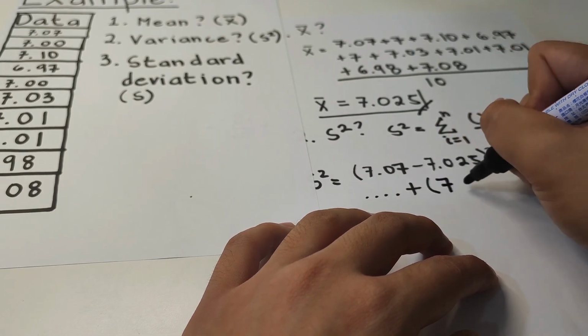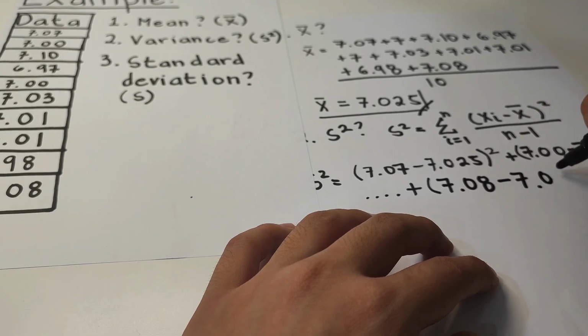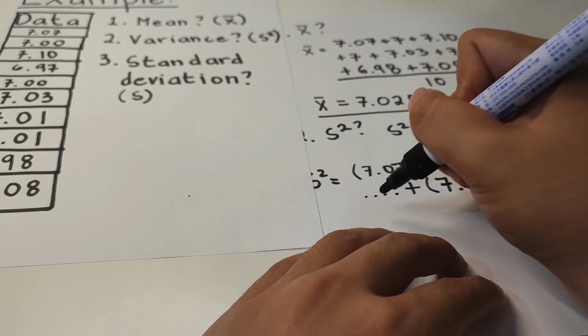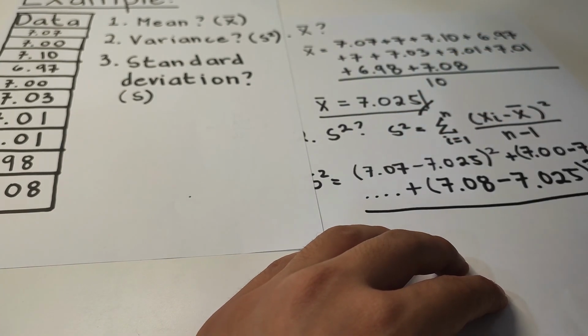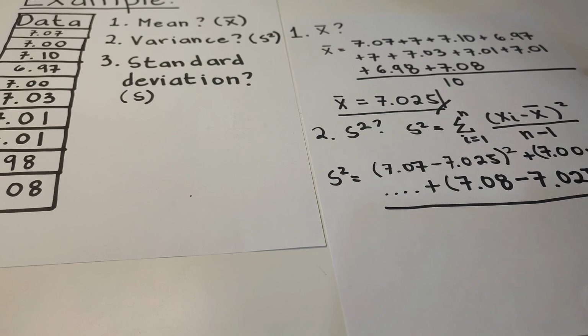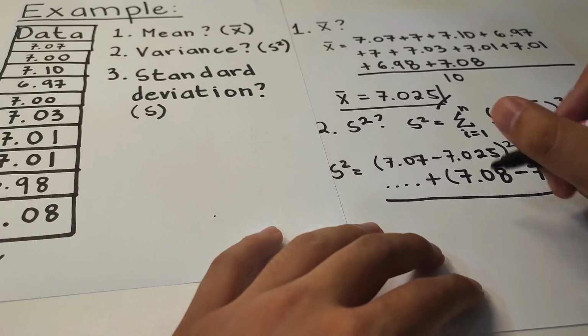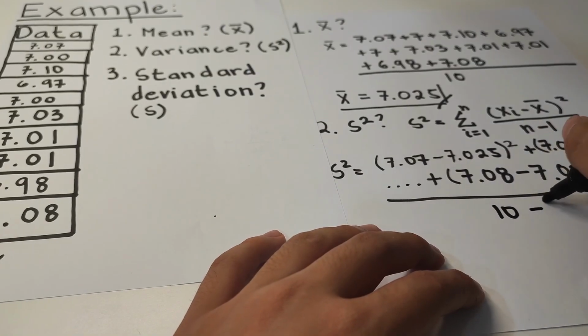So we have 7.08 minus 7.025 squared, all over n minus 1. So n is again 1, 2, 3, 4, 5, 6, 7, 8, 9, 10. So we have 10 minus 1.